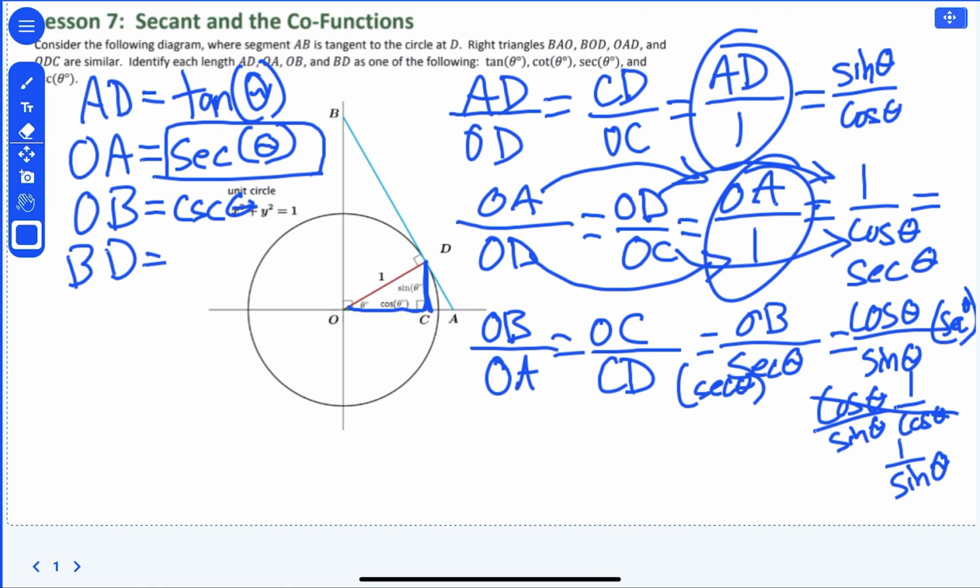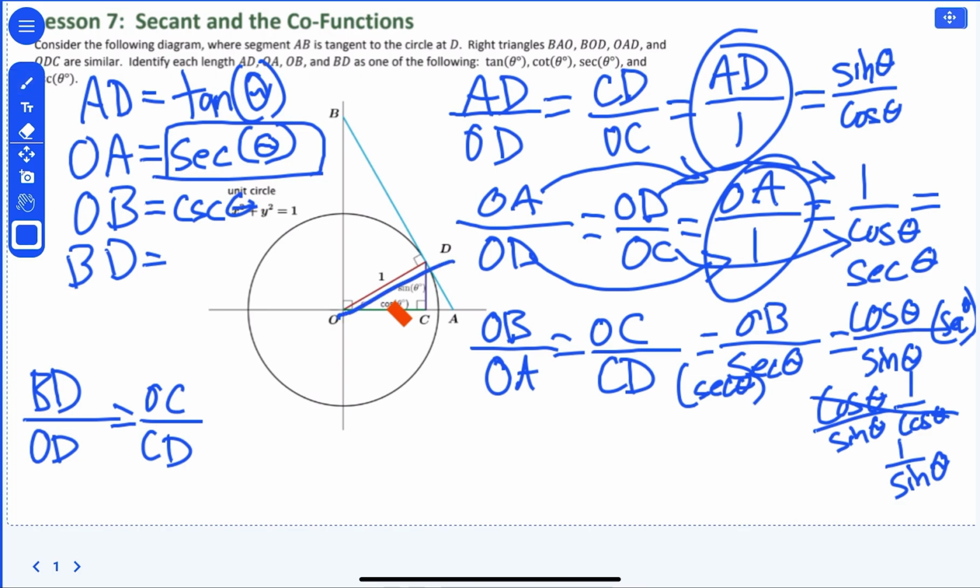Okay, now I'm going to move over here and do BD. BD, so what is BD's other leg? BD's other leg would be OD. All right, and on this triangle, it is the long leg, so that is again OC over CD, the short leg. Long leg, short leg, okay, which is going to be what? What do we know of these?